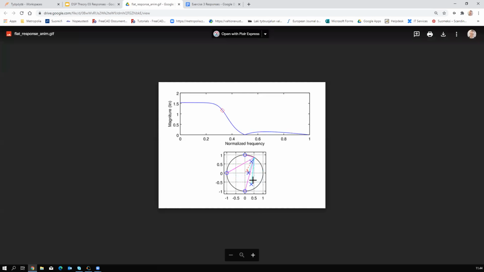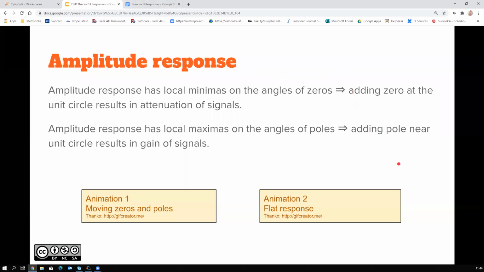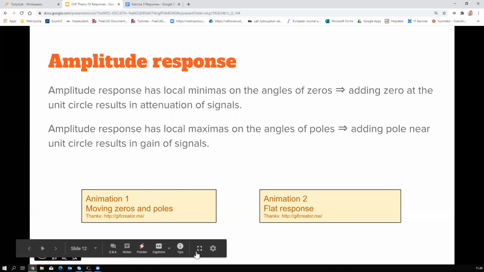So you use these poles to adjust a flat passband response, but then you can also adjust the location of zero to get rid of one frequency component. Okay, lots of things happening again.